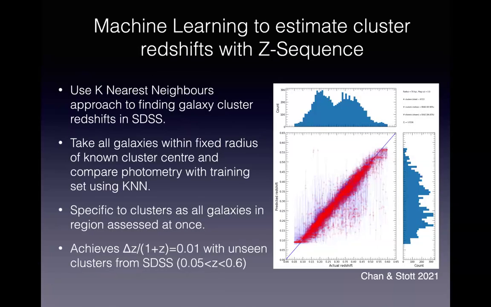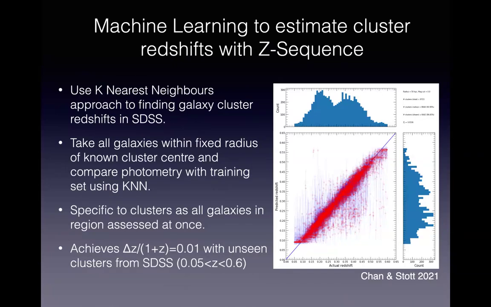We did some further machine learning papers. We did a paper on using k-nearest neighbors to estimate the redshift of clusters. This is pretty successful. This is the actual redshift, and this is the predicted redshift. I only found out afterwards that the predicted redshift we used was the photometric redshift, so there's an intrinsic scatter here anyway.